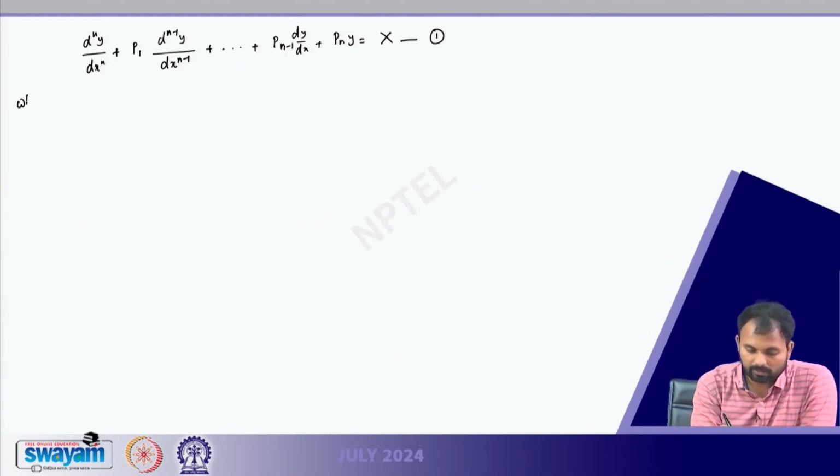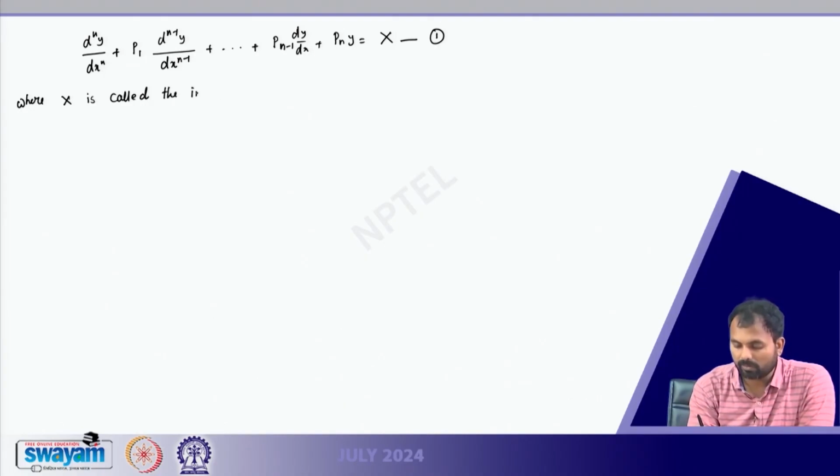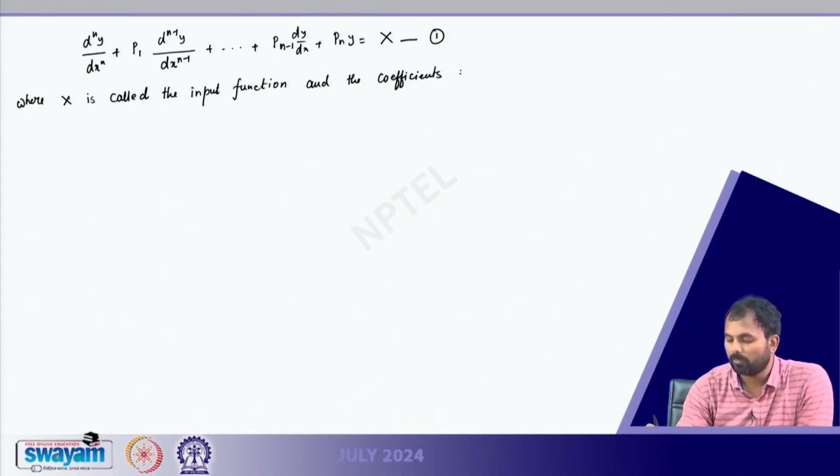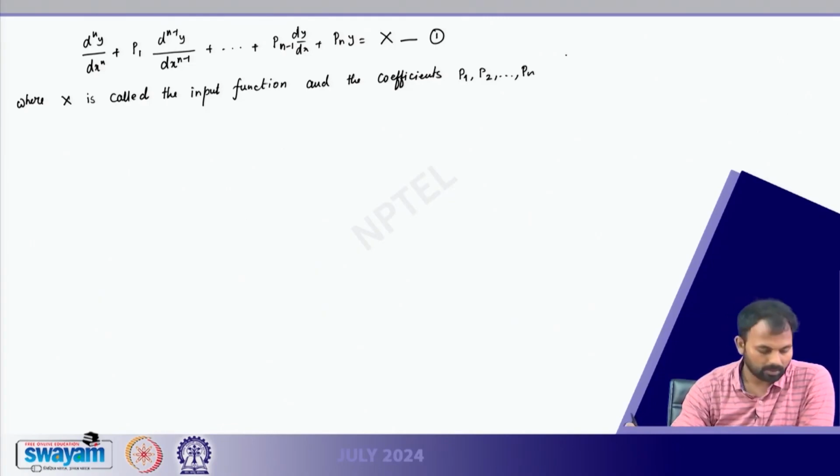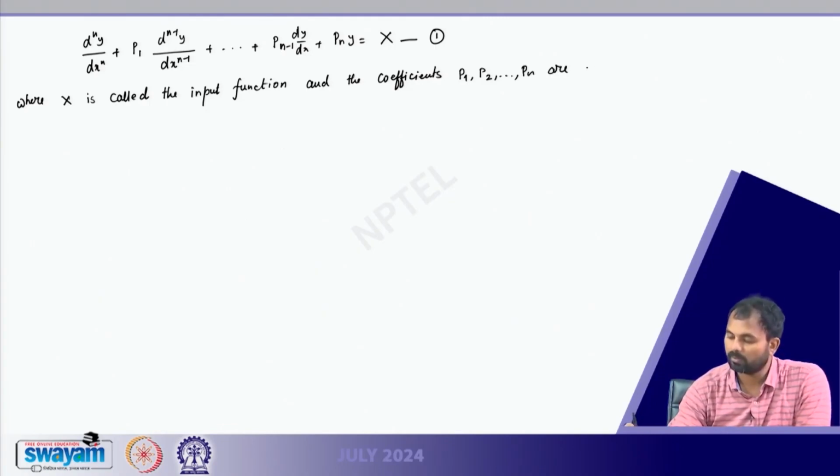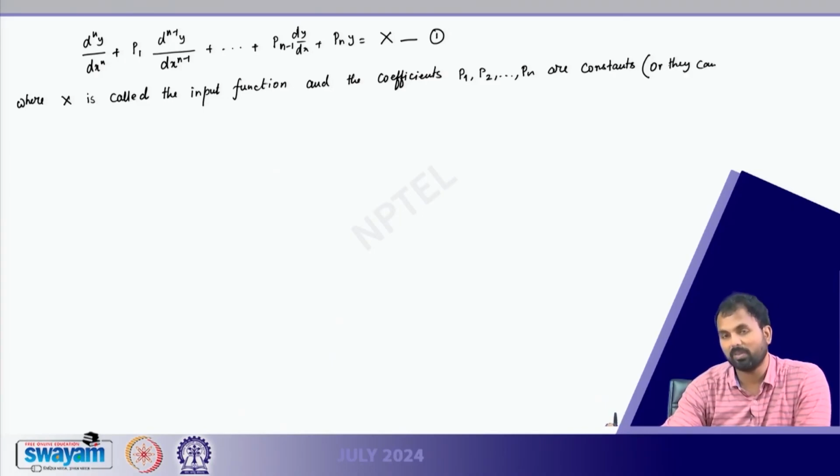Here capital X is called the input function, and the coefficients p1, p2 up to pn are constants, or they can be functions of x also, but that we will look at later on.